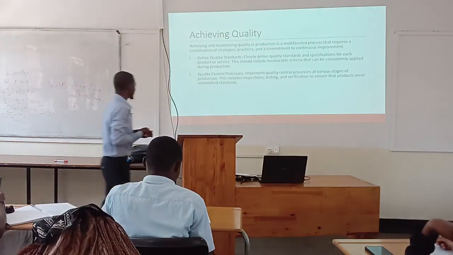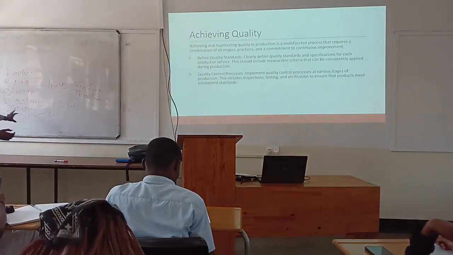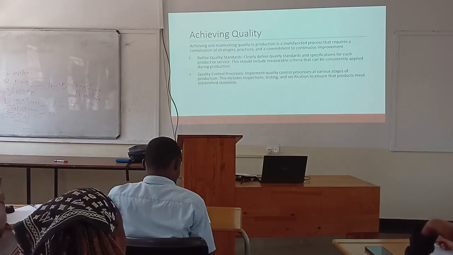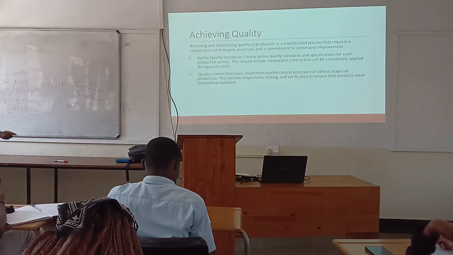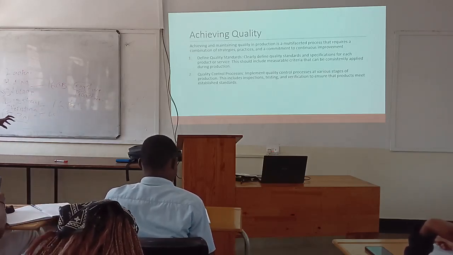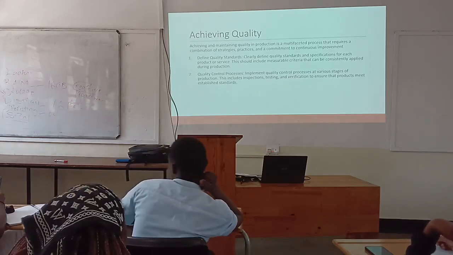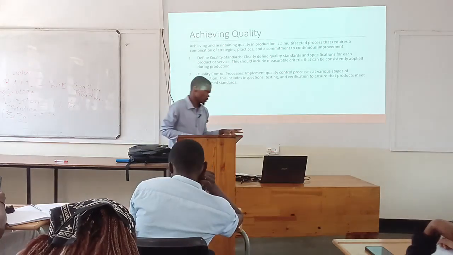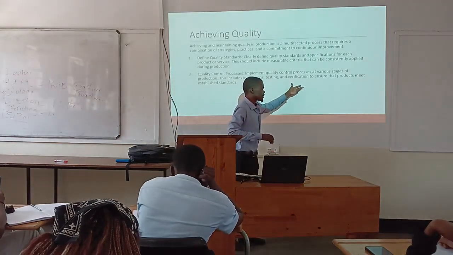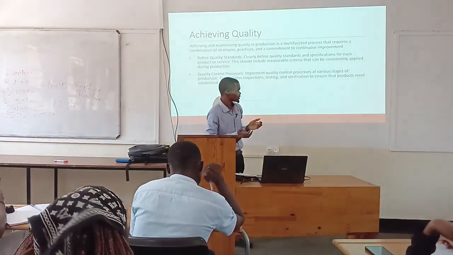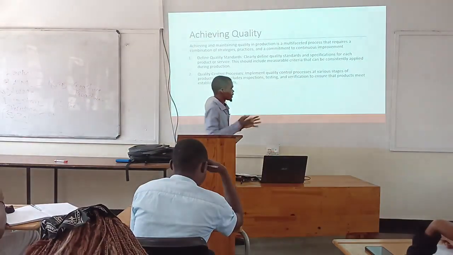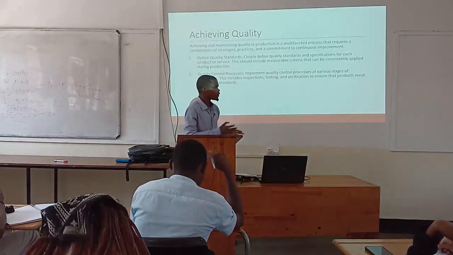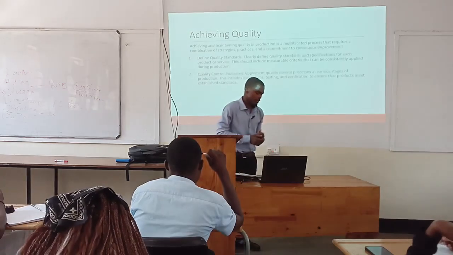So if we say that our phone must have all these, then we have to check if our phone has all these factors that we say it's going to have. So that is verification. Checking if our product has all the specifications, all the requirements, all the features that we say the product is going to have.